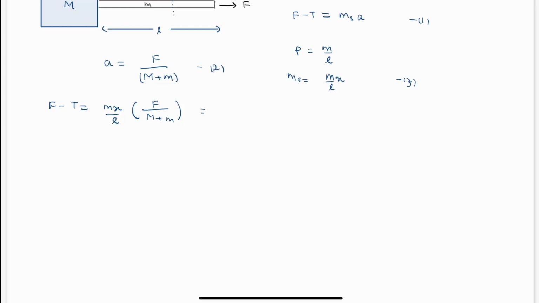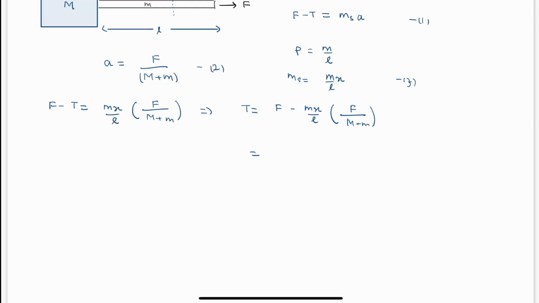So this implies that tension is equal to F minus small m x by L times F over capital M plus small m.